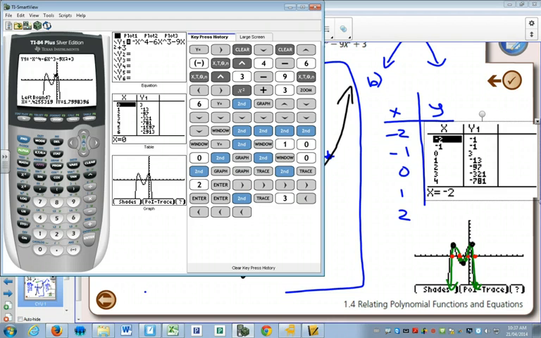I can see that this minimum is between -3, or maybe -2 and -1. So I can just type in -2 and -1 instead of going left and right. And that's a little bit quicker. Push enter, and it finds that minimum for you.